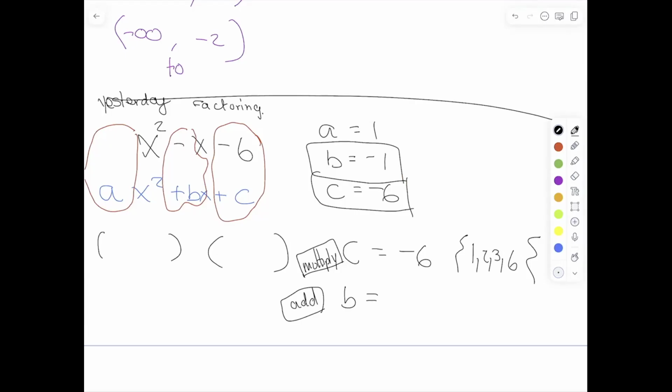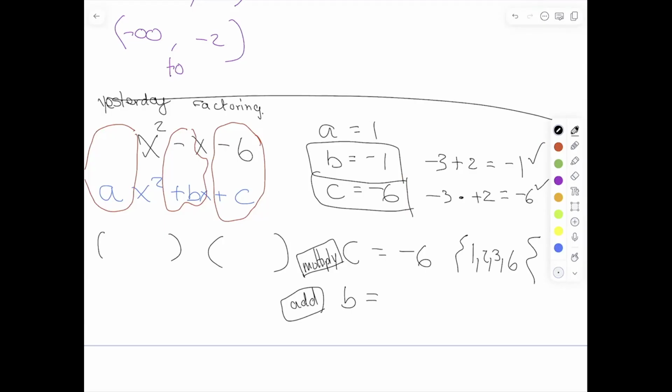We did this yesterday. -3 and 2. So -3 plus 2 gives me -1. And -3 times 2 gives me -6.